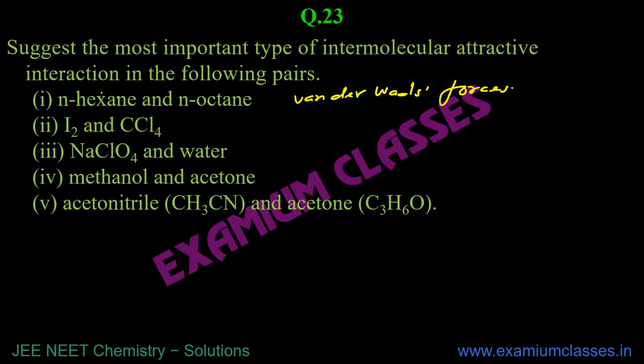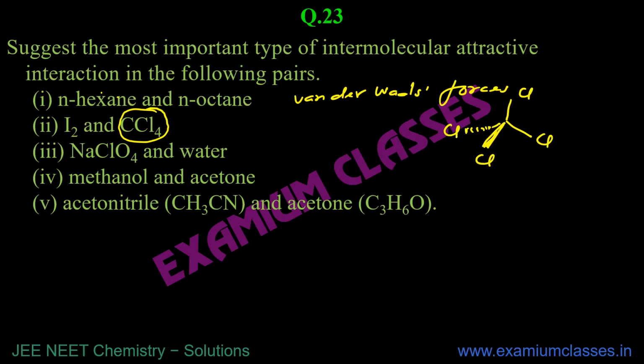Now the next one is slightly tricky. I2 and CCl4. I said if there is a difference in electronegativity, it can be dipole, so you might say dipole-dipole or ion-dipole interaction. But understand this: I2 is anyway non-polar because both atoms are the same. CCl4 also has its dipole moments cancelled because it is tetrahedral, with Cl, Cl, Cl, Cl.